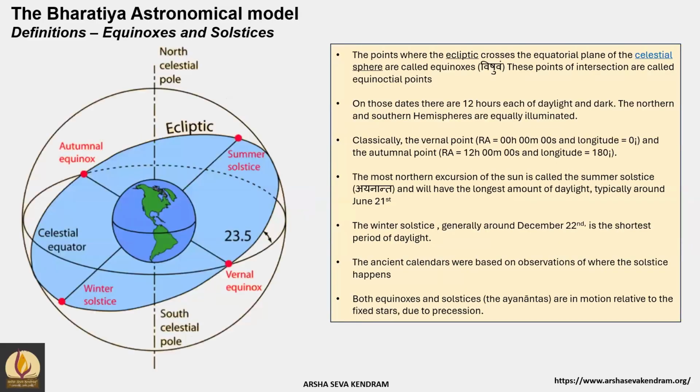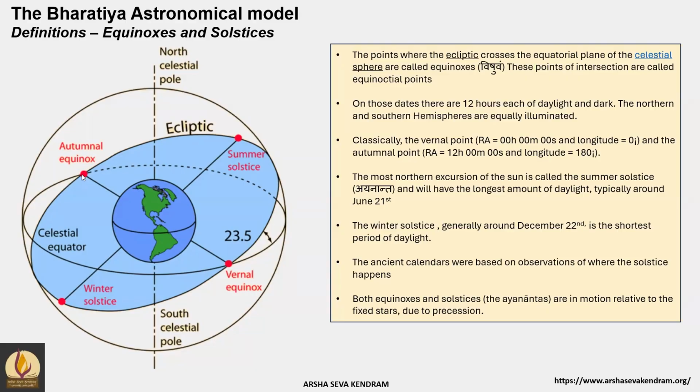And then, because of this, like we just talked about, we have equinoxes and solstices, right? Where the ecliptic crosses the equatorial plane, they are called equinoxes. And like we said, 12 hours of daylight and 12 hours of night. And the vernal point has a right ascension of 0, 0, 0 and a longitude of 0 as well, because it's the zero point coordinate.